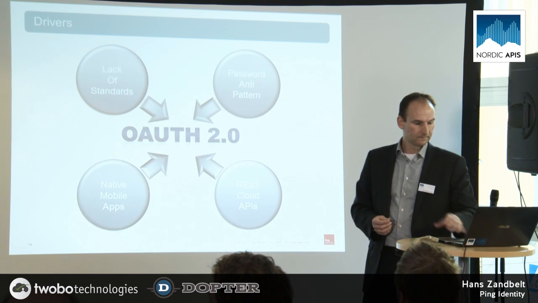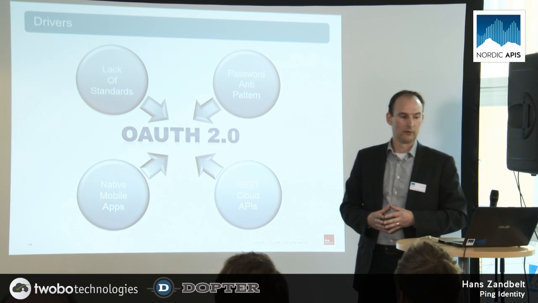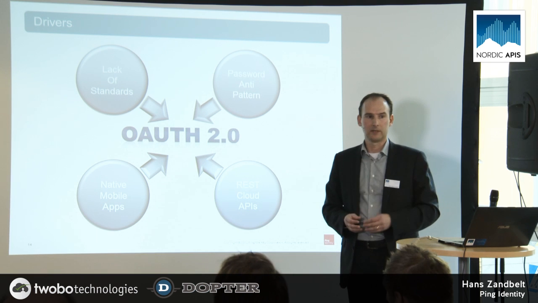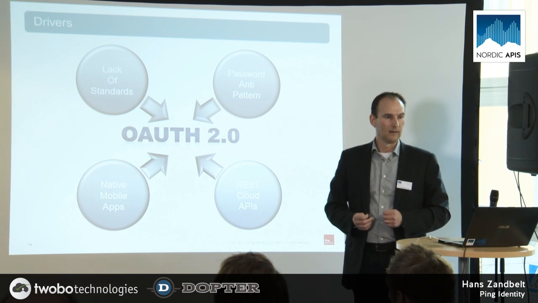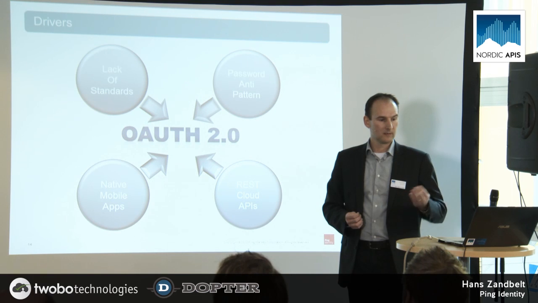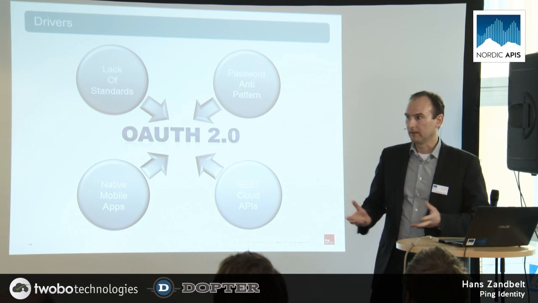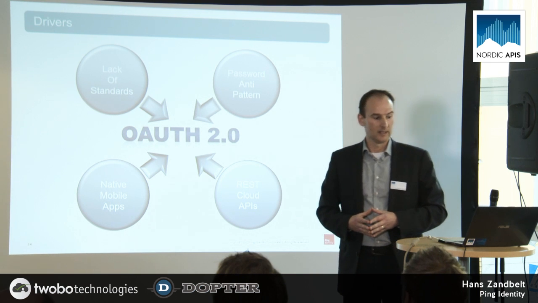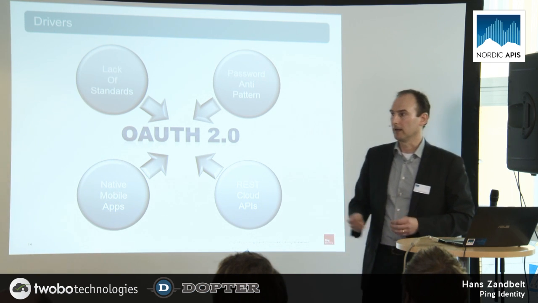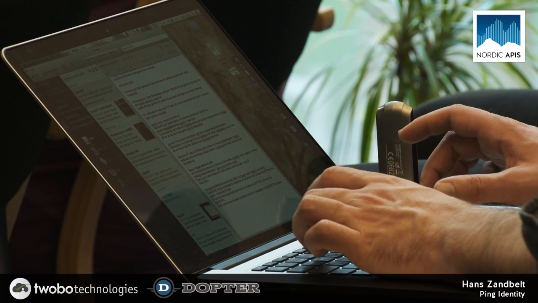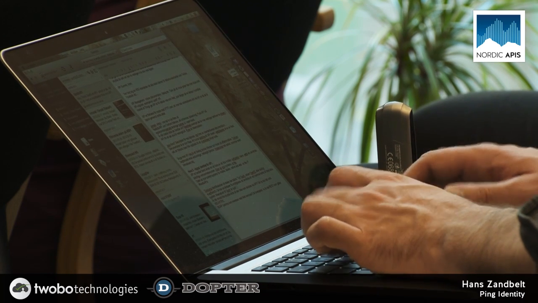So this is where OAuth 2.0 came into the mix. There were actually 4 major drivers for the design of OAuth 2.0. It was the lack of standards to secure your API for the REST world. It was the password anti-pattern, the rise of the native mobile applications, and the rise of REST-based cloud APIs in general that all led to the OAuth 2.0 efforts.